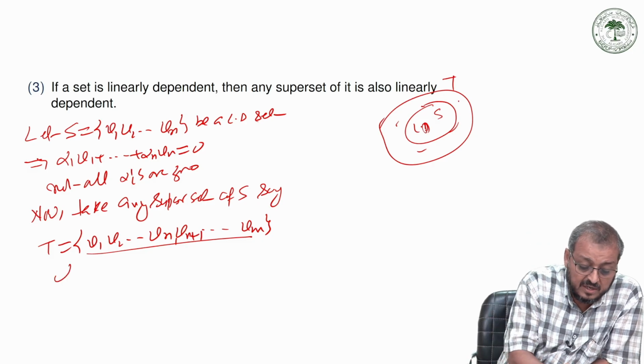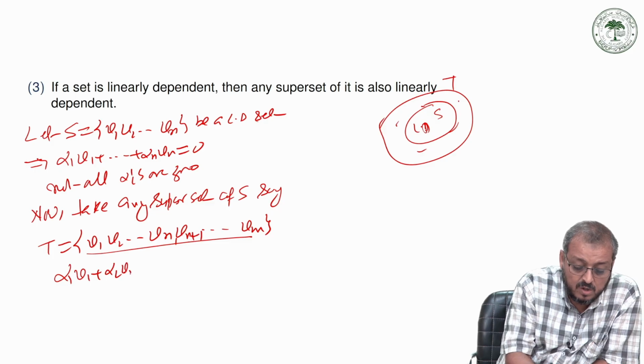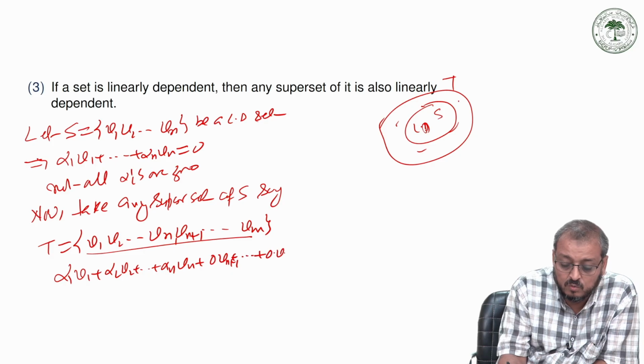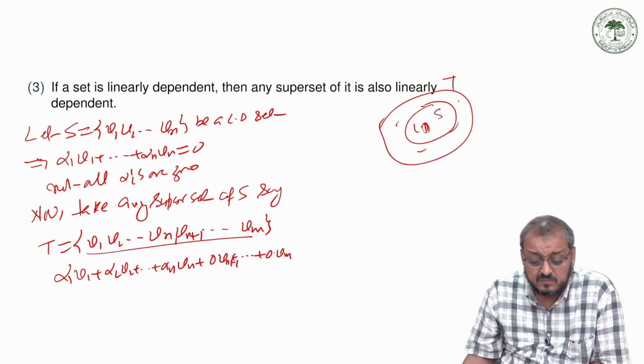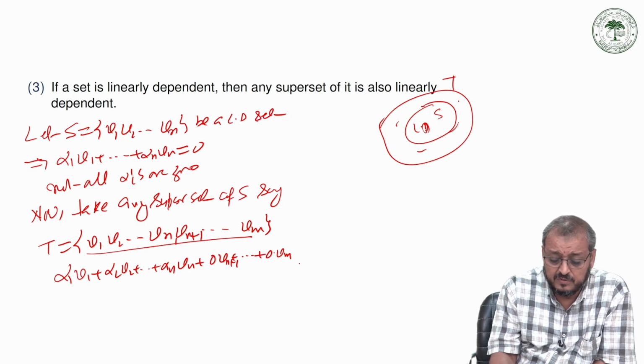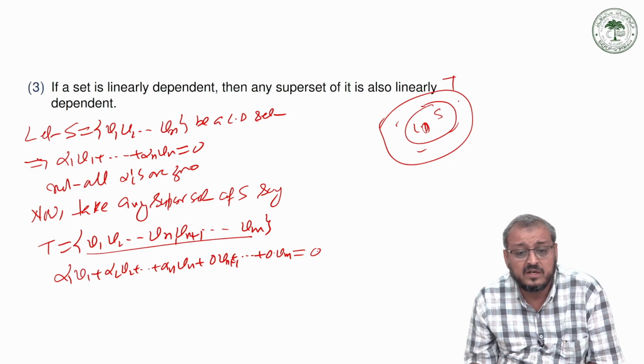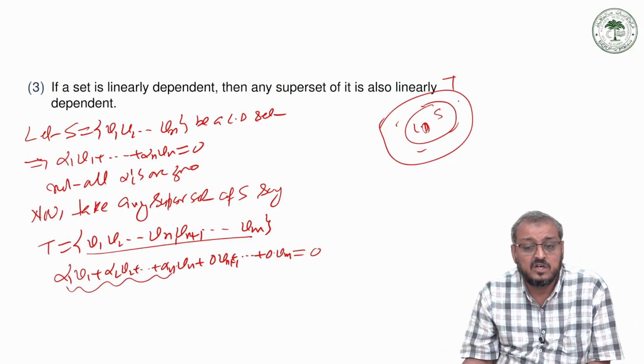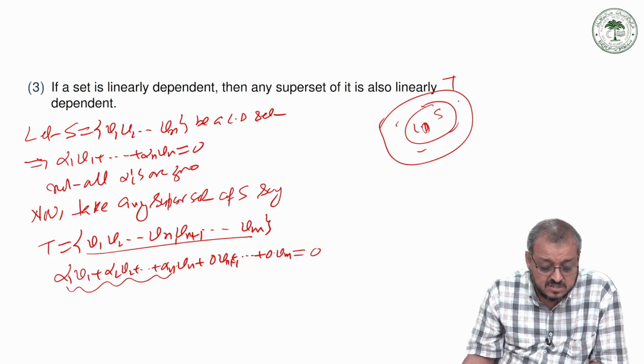So, we write the linear combination alpha 1 V1, alpha 2 V2, plus so on plus alpha n Vn, plus 0 times V of n plus 1, plus so on plus 0 times Vm. Trivially, this linear combination is again the 0 vector, but not all alphas are equal to 0, which means at least one of them is non-zero.